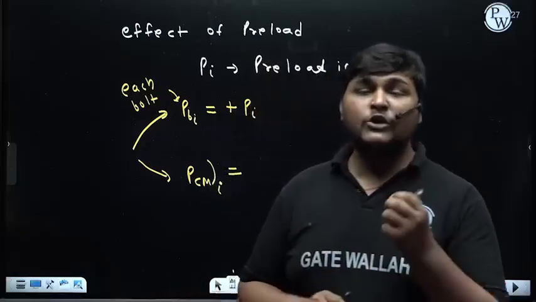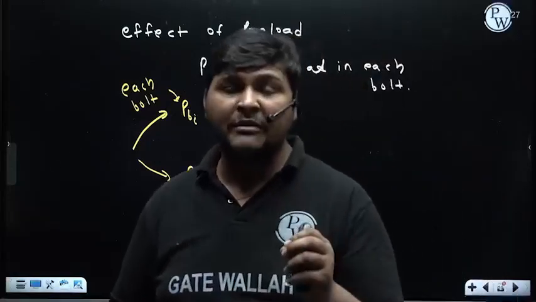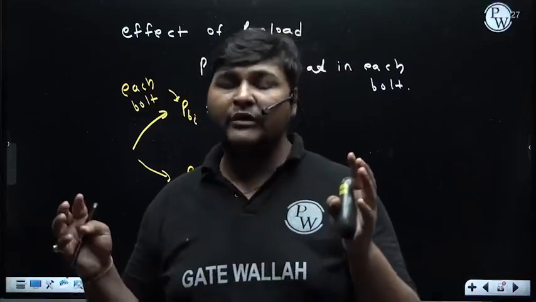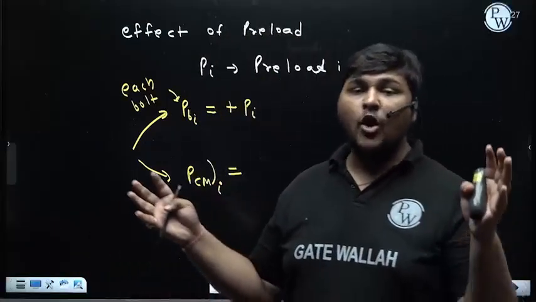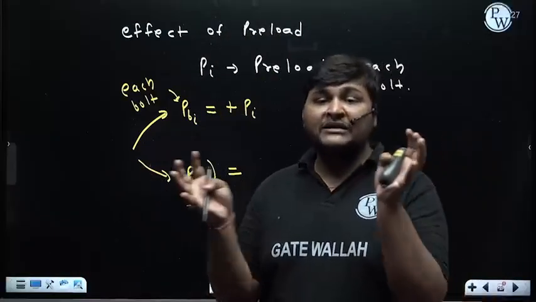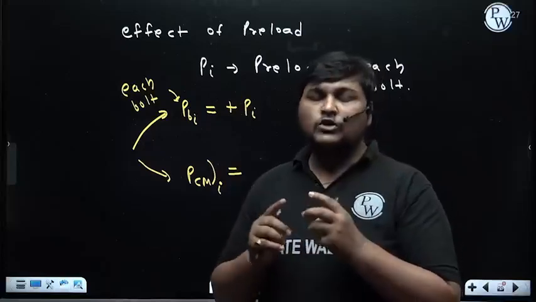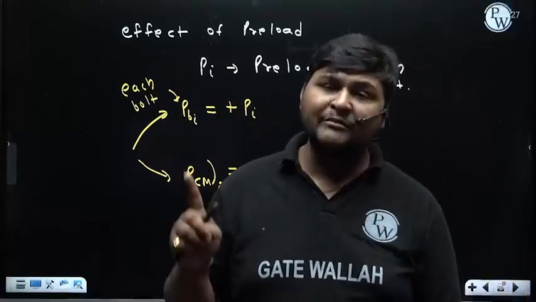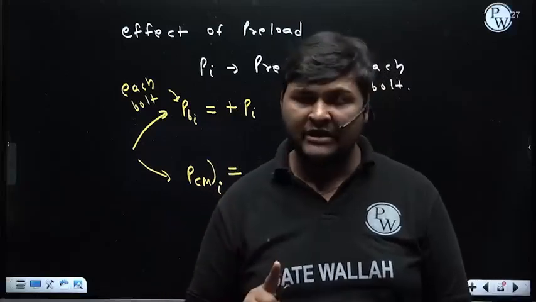So overall, the total axial force in the connecting member will be minus n Pi, because when we do the analysis of the connecting member, we consider the connecting member as a single member. Due to the preload in each bolt, minus Pi axial force is coming in the connecting member.